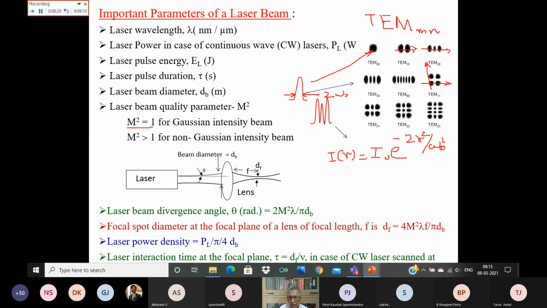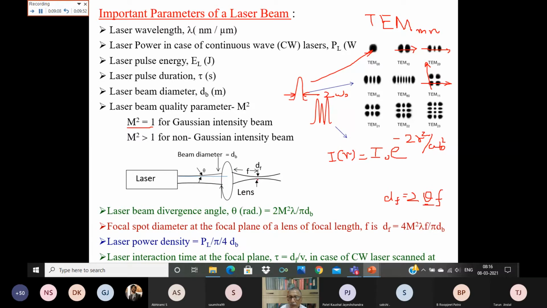So with such a beam, when you focus this with the help of a lens, what is going to be the beam spot diameter at the focal plane? It will depend on the beam divergence. So the focal diameter is given by 2 into the half beam divergence, into the focal length f. So f is the focal length, and this is your beam divergence, this angle.